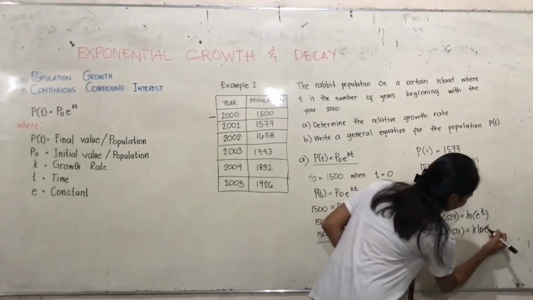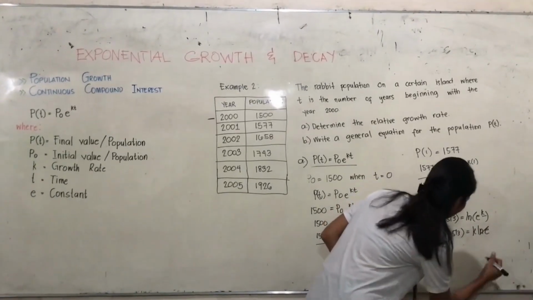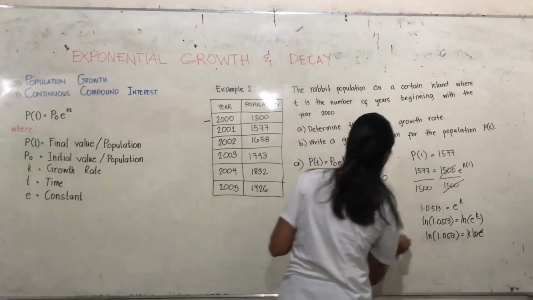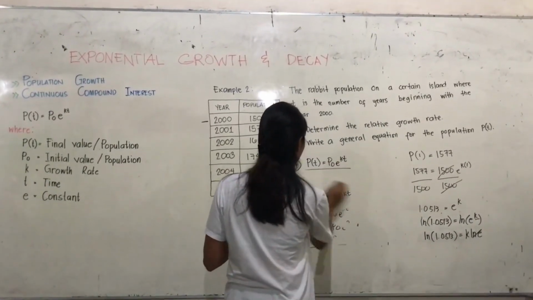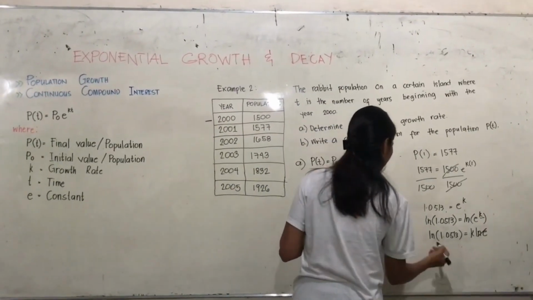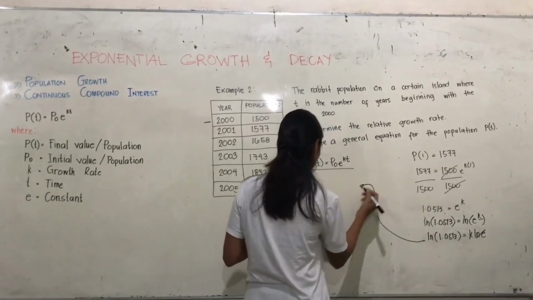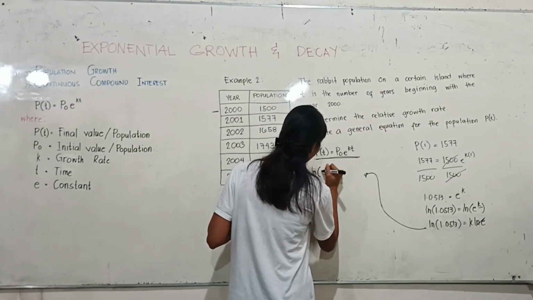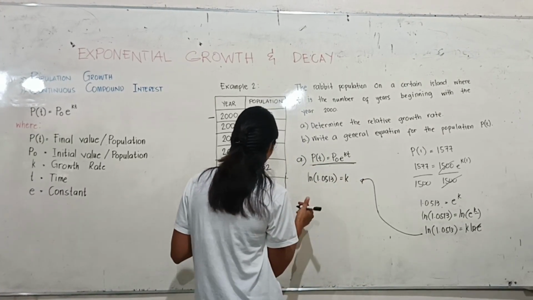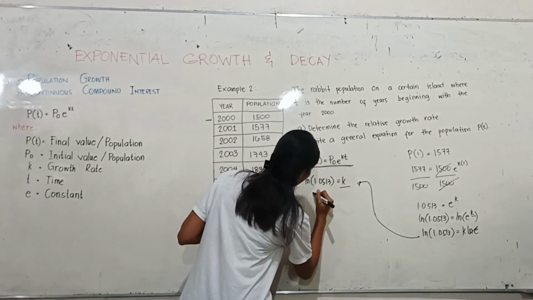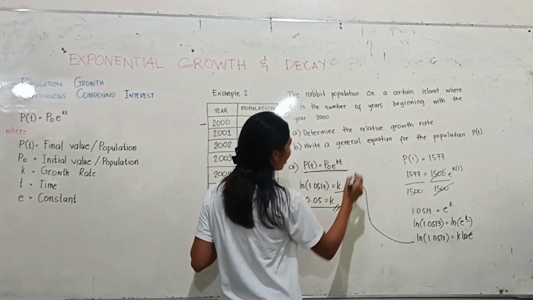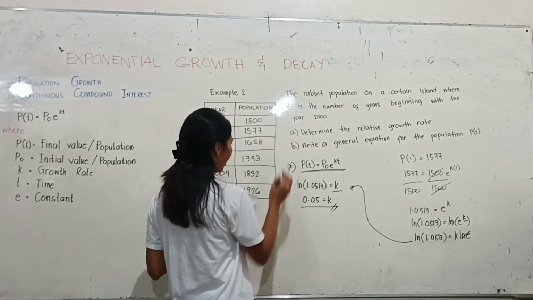So we should cancel this one, and it will be like this: ln 1.0513 is equal to K. Then calculate the value of our K. 0.05 is equal to K. And this is the answer for our relative growth rate, which is the letter A.